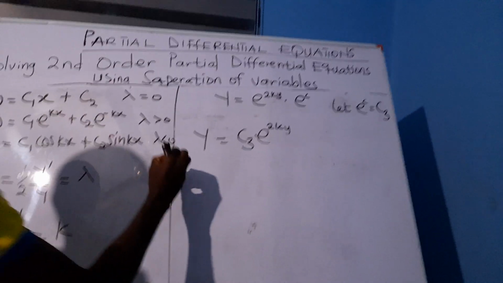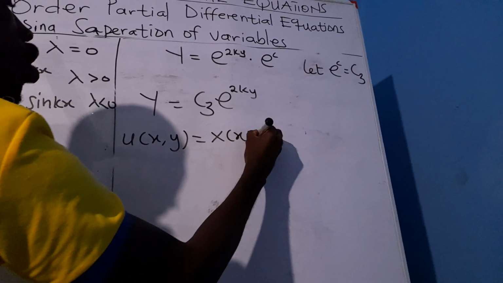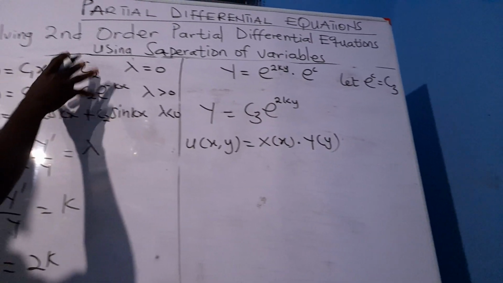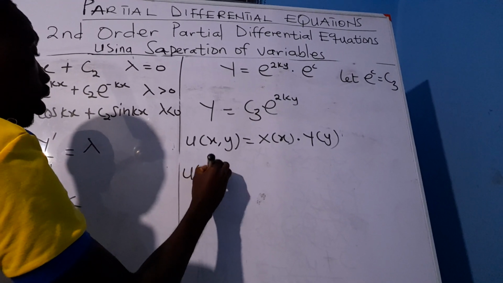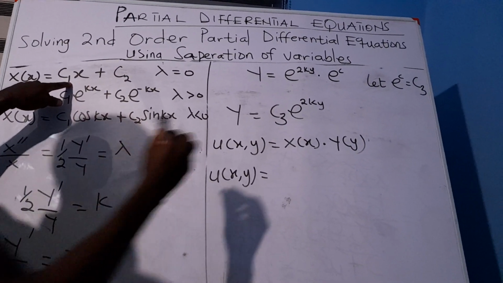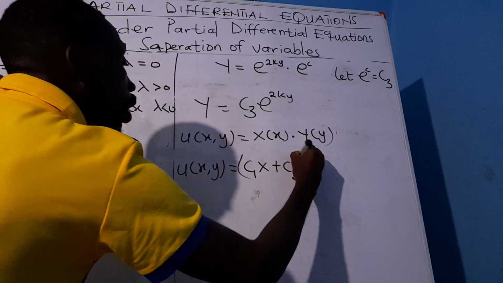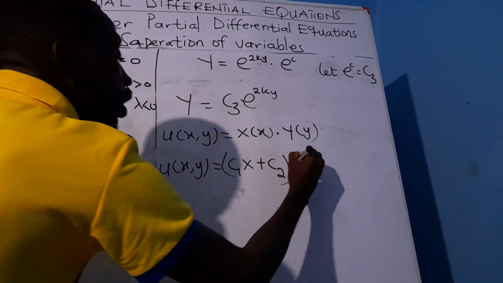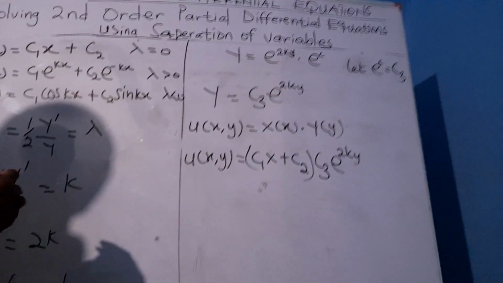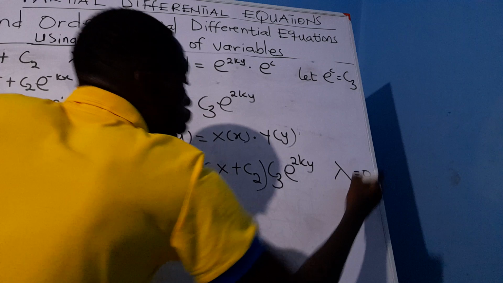So now remember we said our general solution is a function of x multiplying a function of y. So we just find those functions. Our general solution will be, we have a function of x here to be c1 x plus c2, then a function of y, which is c3 e exponent 2ky, where our constant lambda is actually equal to 0.